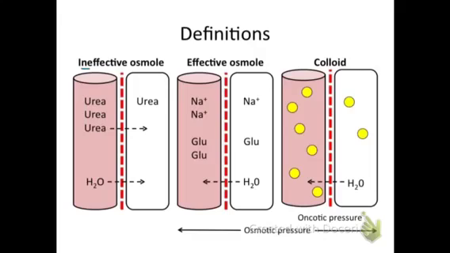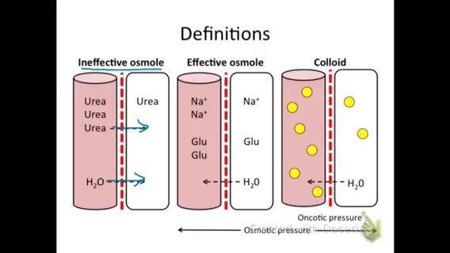An ineffective osmole is a particle that freely passes through a semipermeable membrane. So, the concentration of ineffective osmoles rapidly equilibrates between the extracellular fluid and the intracellular fluid, and water is not retained within a compartment.